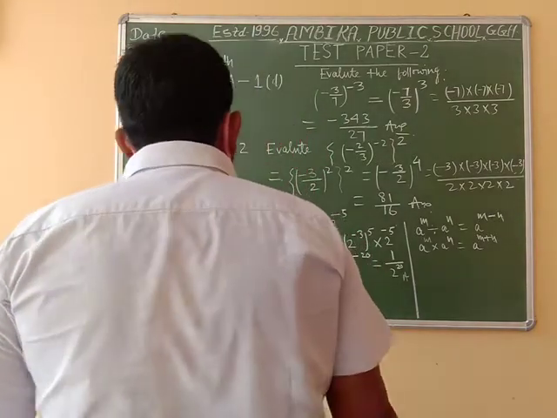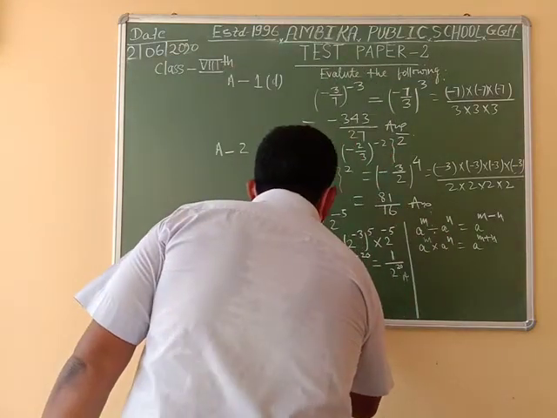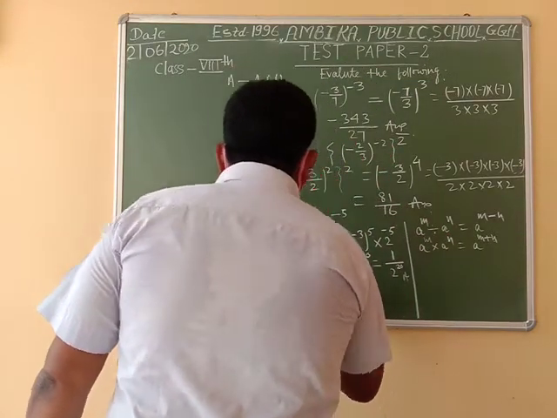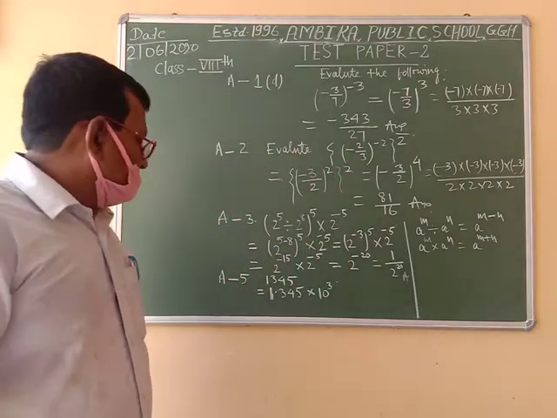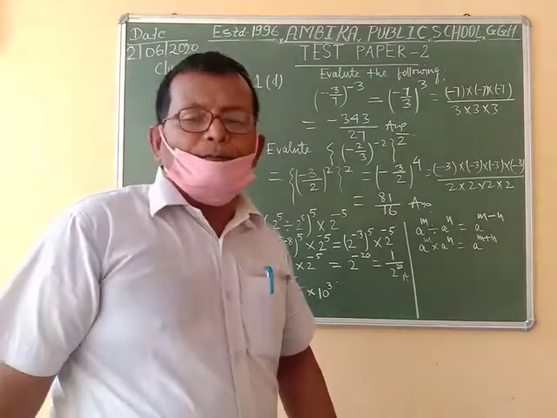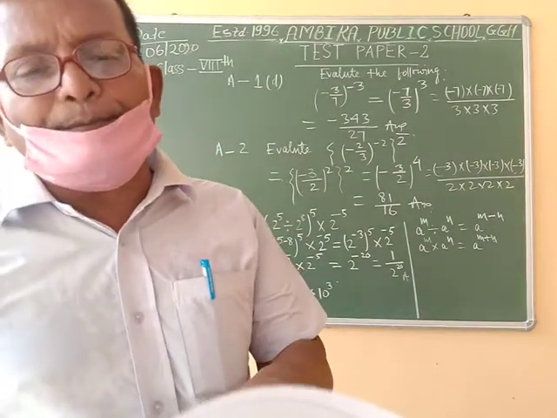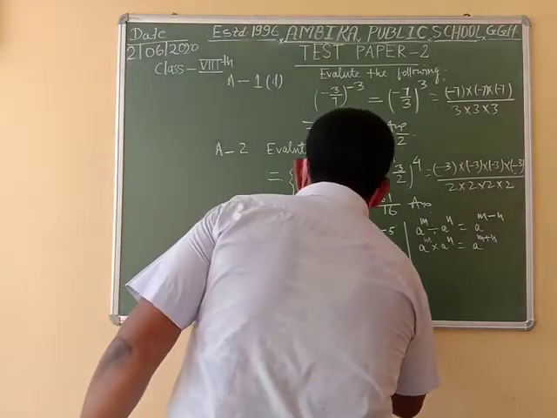There are 3 digits after the decimal, so we multiply by 10 to the power 3. So the value of 1345 in standard form we can write as 1.345 into 10 to the power 3.